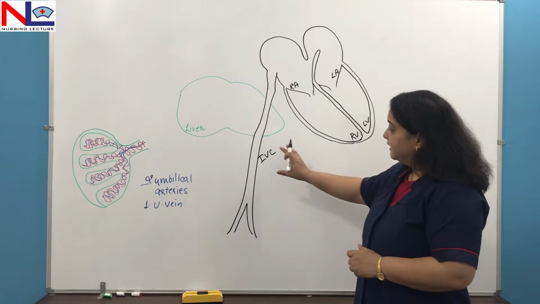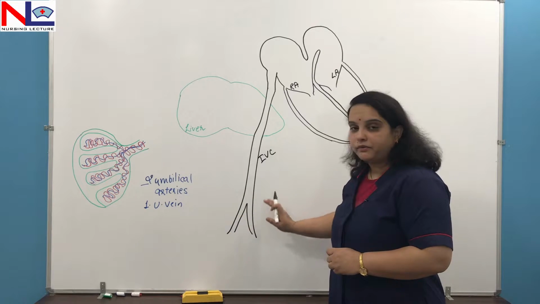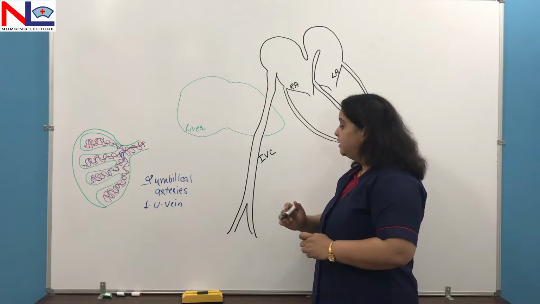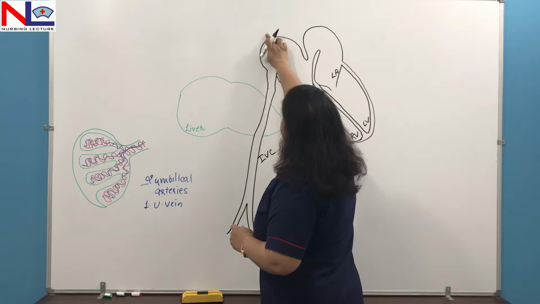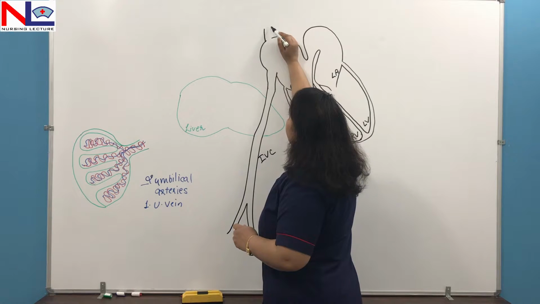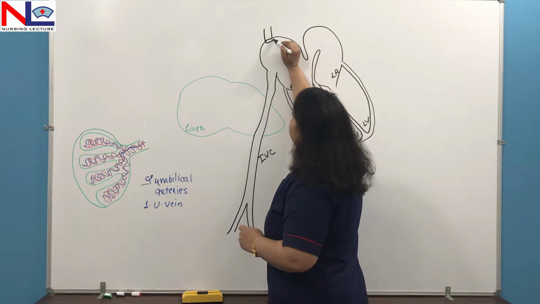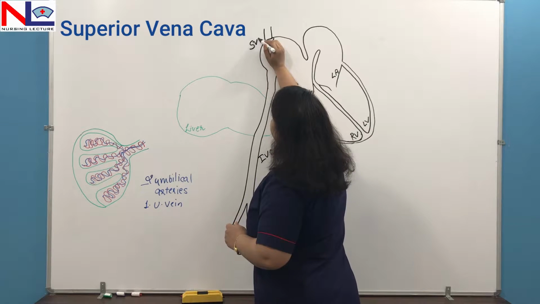And this is the main vessel that carries deoxygenated blood from the lower portion of the body of the fetus. Now here is another vessel that carries deoxygenated blood from the upper part of the body, that is the superior vena cava.